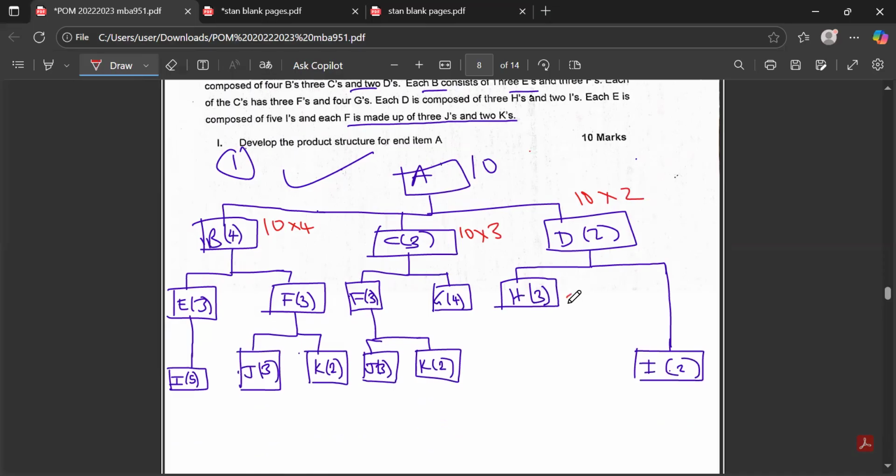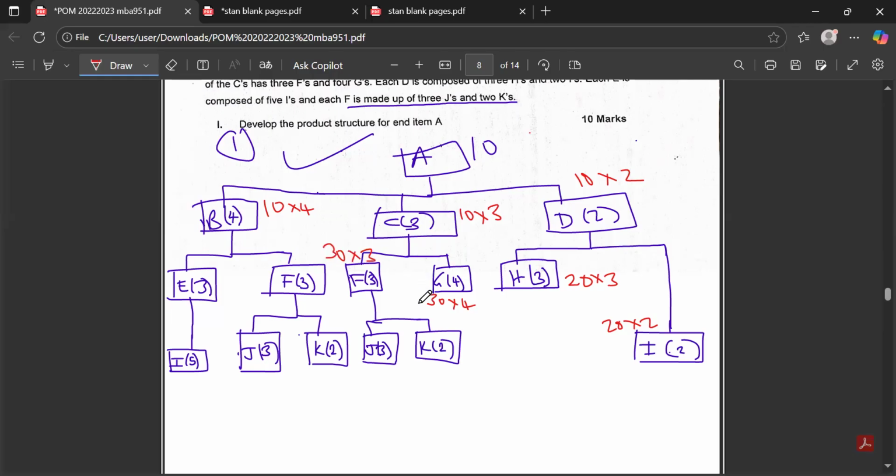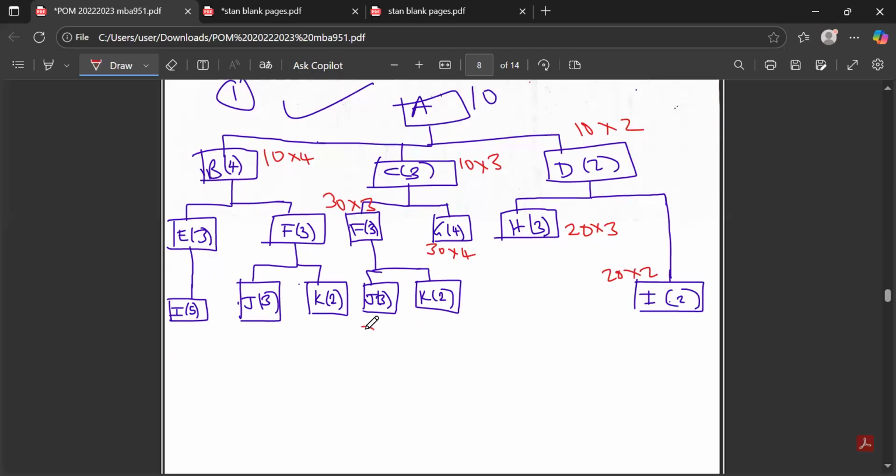This one will be 20 by 3, and then 20 by 2. This one will be 30 by 4. This one will be 30 by 3. And then this one will also be 90 by 3. This one will be 120 by 2.